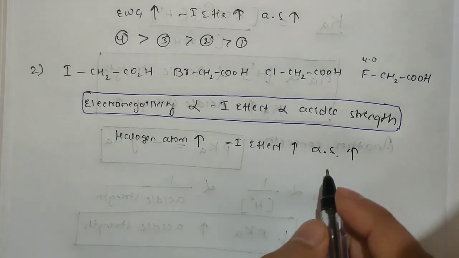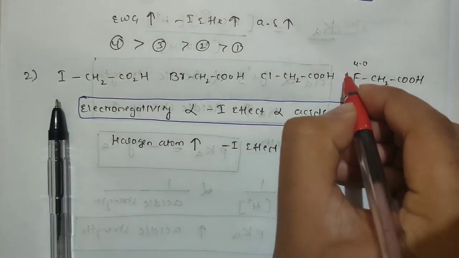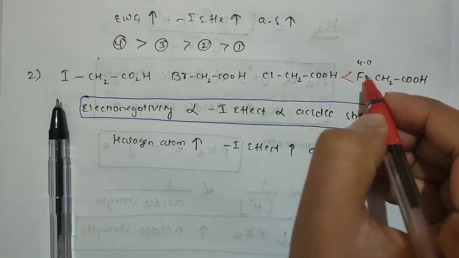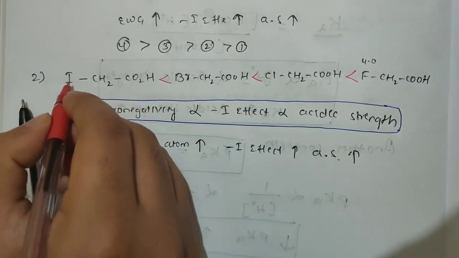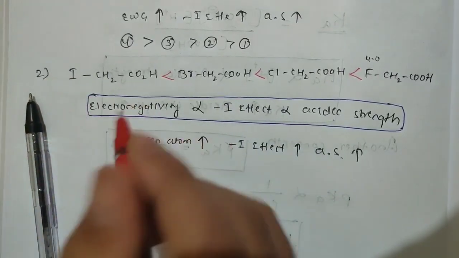So now you can easily say that fluoroacetic acid is greatest in acidic strength, second is chloro, third is bromo, last is iodo acid.